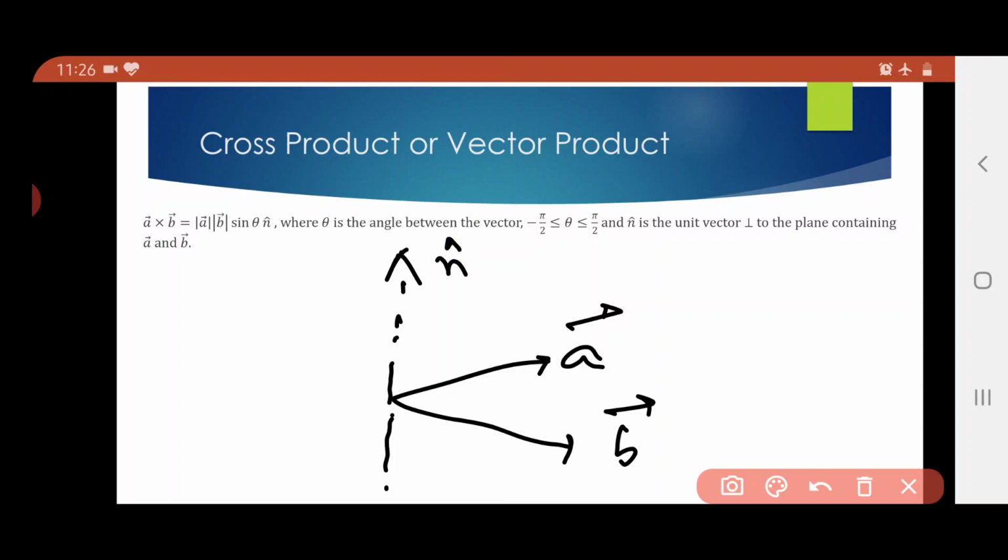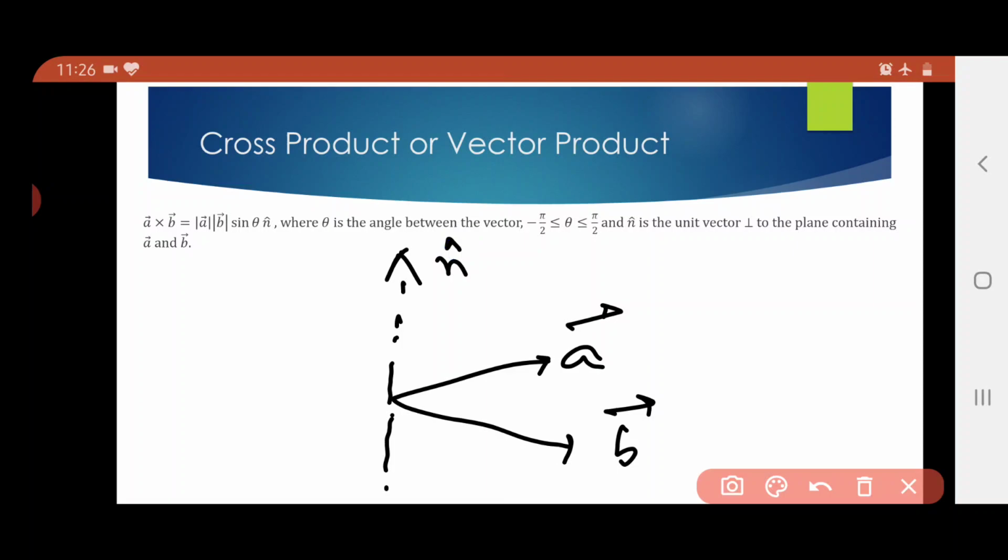So now here on paper it is hard to make you understand, so let us consider that the mobile screen is the plane which contains the vector A and B. Then the vector n cap, that is the unit vector along the direction of A cross B, is basically coming out of the screen, perpendicular to the screen.